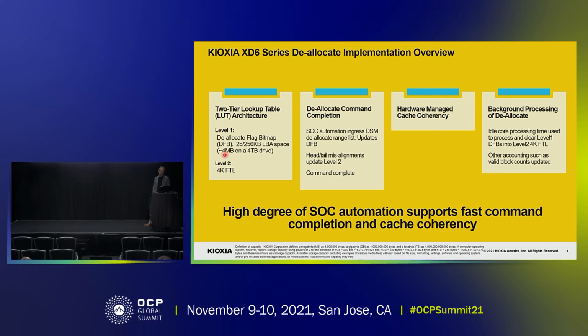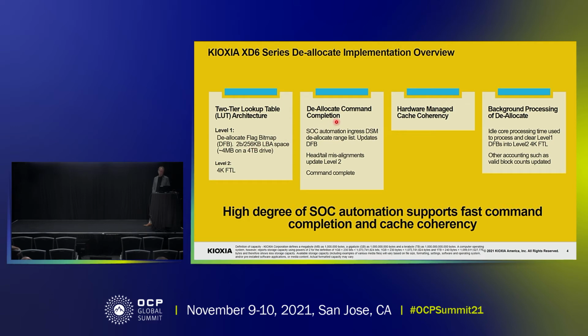So literally, it was 2 bits of data for every 256K of LBA space, which wasn't a lot of memory, about 4 megabytes on a 4-TiB drive. But ultimately what that allowed us to do is flip a bit or two and deallocate 256K of trim data without having to go into all of the 4K FTL table entries.